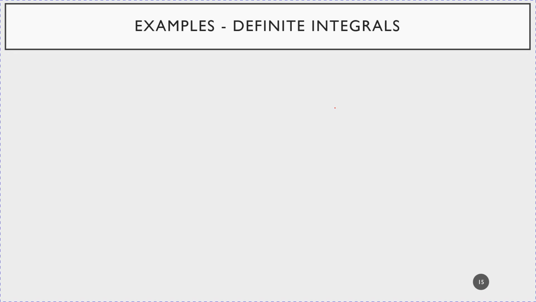So let's integrate from 0 to 4, 1 over the square root of 2x plus 1 dx.